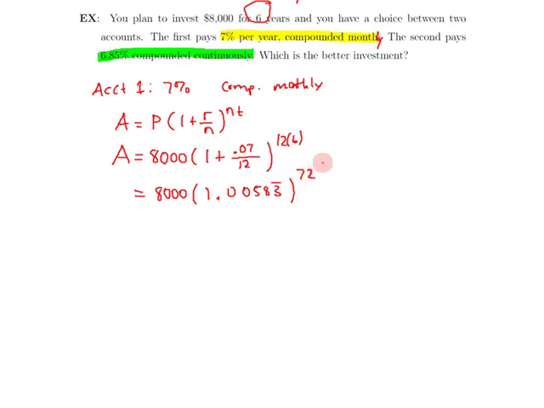So I'm going to raise that to the 72nd power. Remember, we do exponents before multiplication. So that is 8,000 times 1.5201055. Multiply that times 8,000. I end up with $12,160.84.